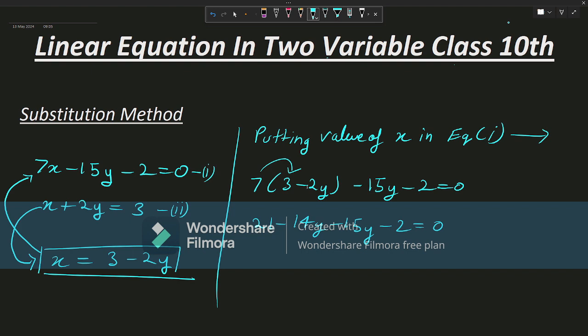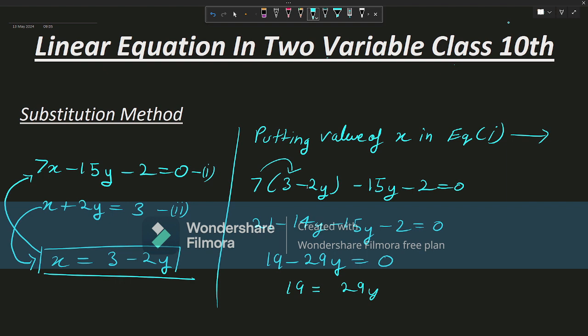So minus 14y minus 15y, that's minus 29y, and 21 minus 2 is 19. So that will be 19 minus 29y equal to 0.